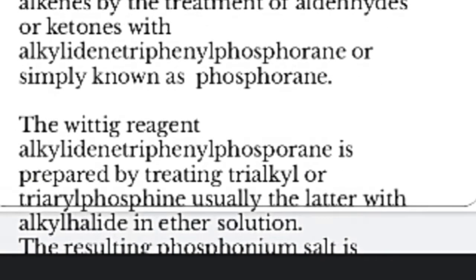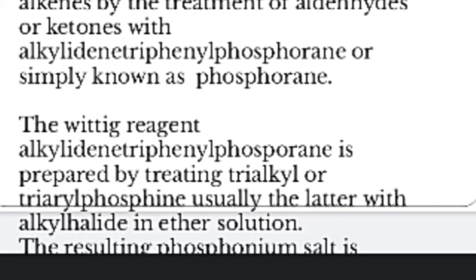Wittig reaction. The Wittig reaction affords an important and useful method for the synthesis of alkenes by the treatment of aldehydes or ketones with alkylidene triphenyl phosphorane, or simply known as phosphorane. Aldehydes or ketones with phosphorane giving alkenes is called Wittig reaction.